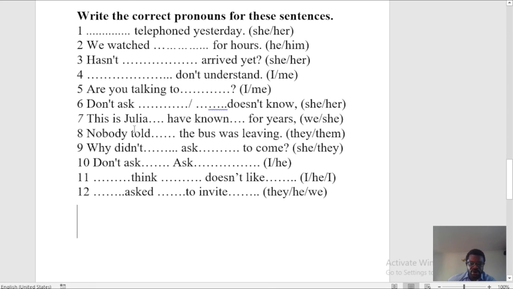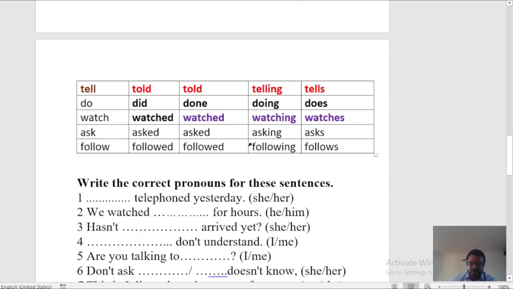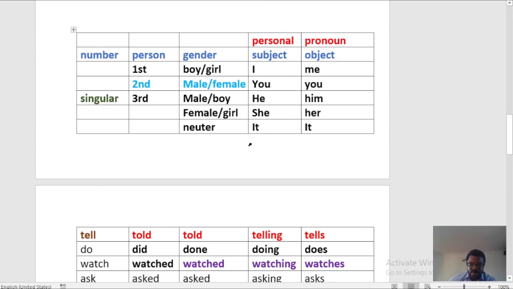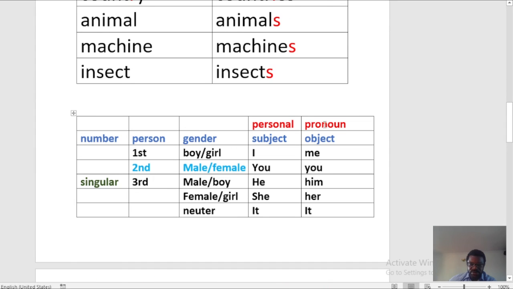I'm going to give you from number 1 to number 5 to do, just to test if you really understand what I've explained to you. But don't forget, here we've got your subject pronoun, object pronoun, and subject pronoun. I, you, he, she, it. Me, you, him, her, it.